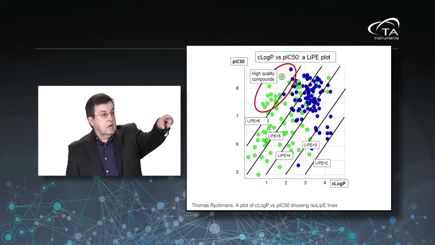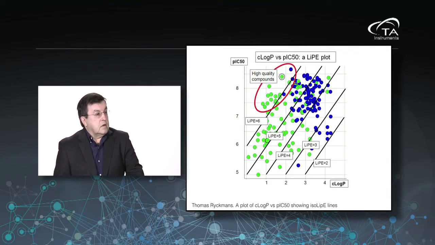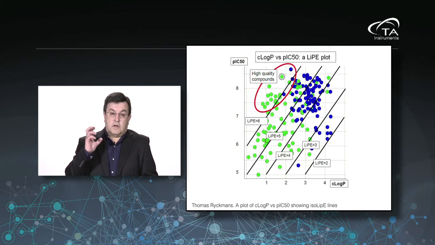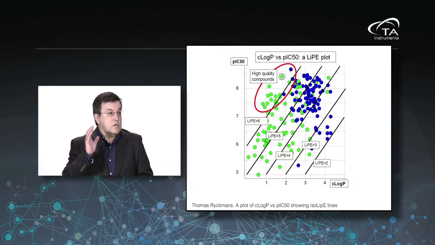Analysis of different drug candidates has revealed that high-quality compounds are those characterized by high affinity and small C log P. That is, compounds that somehow have achieved their affinity without invoking hydrophobicity as a way of doing it.